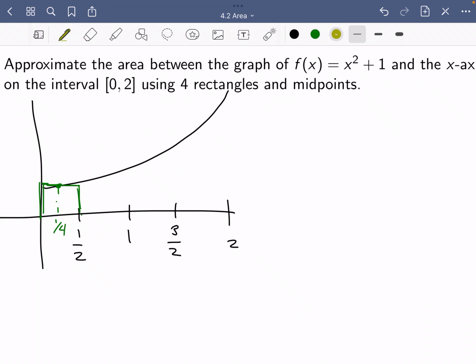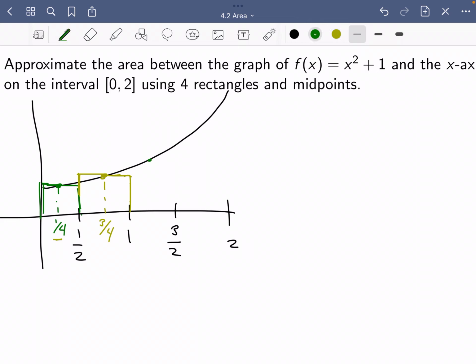For the next rectangle, we'll take the height right smack dab in the middle of the next subinterval. That's occurring at 3/4, and so our width is 1/2. So the first one, right in the middle from 0 to 1/2, is 1/4. Right in the middle from 1/2 to 1 is 3/4.